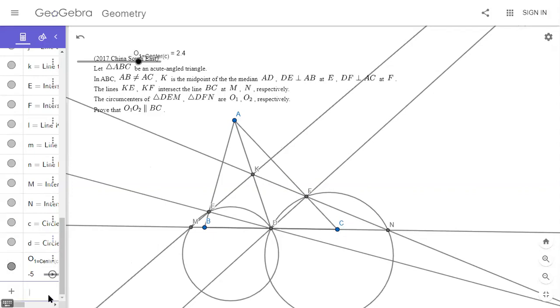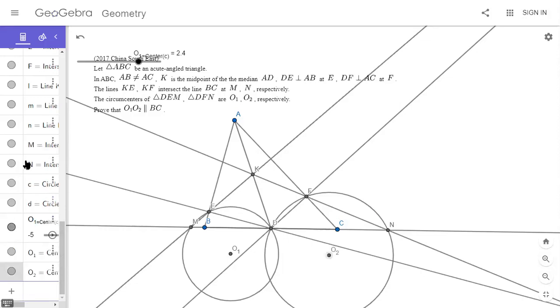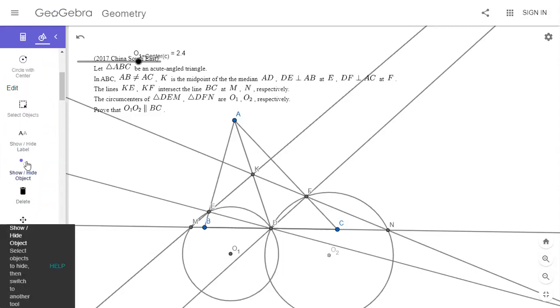GeoGebra is being difficult here. O1 is equal to the center of C. There we go. And O2 is equal to the center of D. We want to show O1O2 is parallel to BC. Let me hide some stuff.